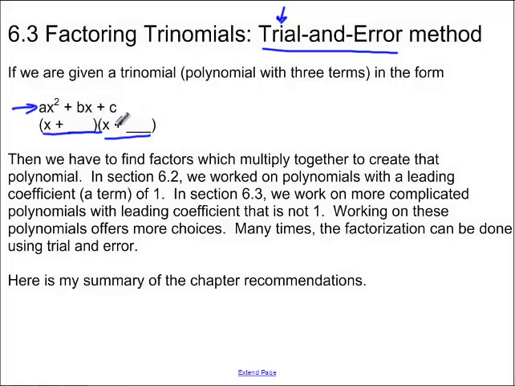And those two are going to multiply together to give me that ax squared plus bx plus c. So if we're given a trinomial, then we have to find those factors. In 6.2, like I said, we did polynomials with a leading coefficient of 1. In this section, we're going to work on a little more complicated ones. And this gives us a little bit more opportunities for factorization.